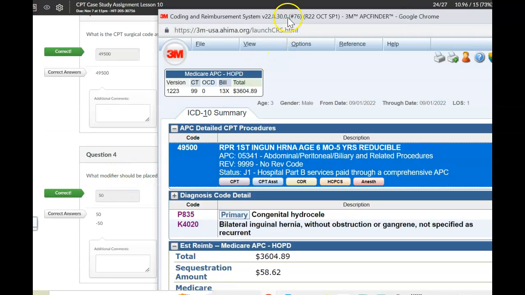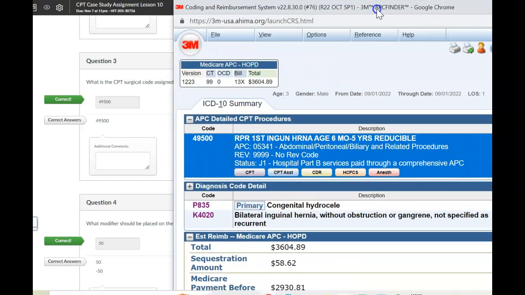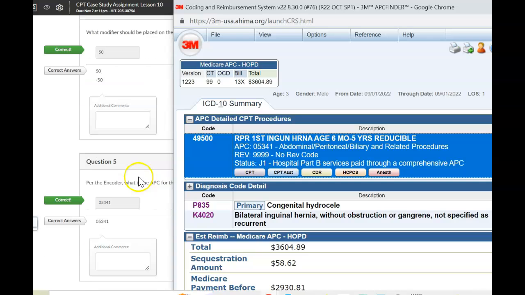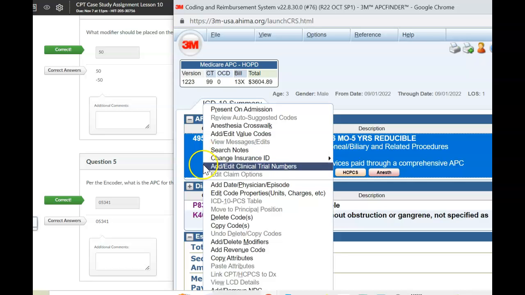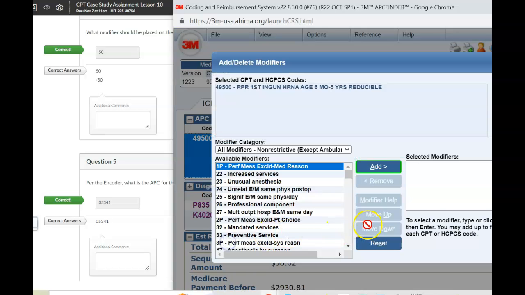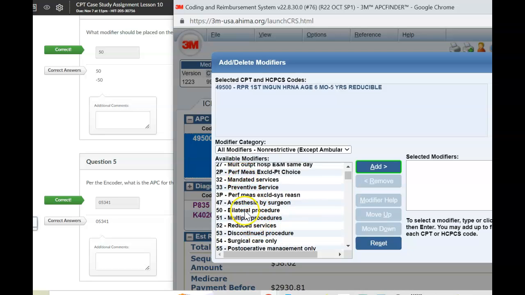Okay, so a couple of different things also I'm looking at. What is the CPT surgical code assigned? It didn't ask for modifiers on question 3. That's what we need a question 4 at that point. So with this, what I like to do, I right click it, and I'm going to go ahead and add modifiers. I'm going to go ahead and add a 50 for bilateral.